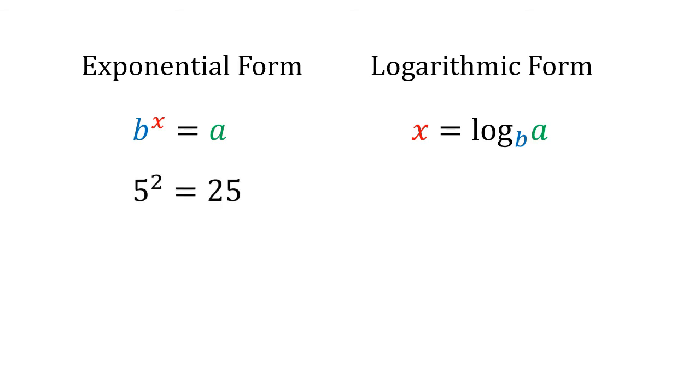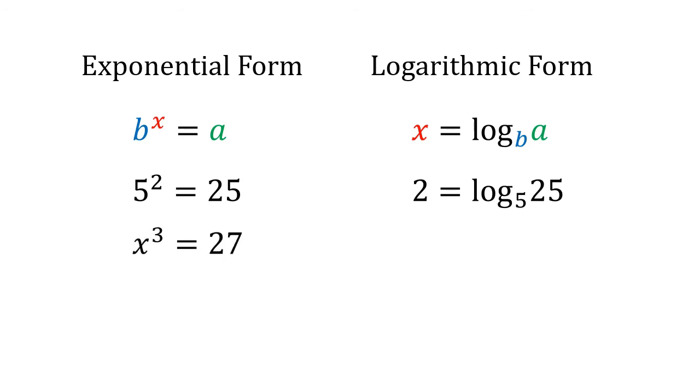Then 5 squared equals 25. So we can express this as 2 equals log 25 base 5. Again, 2 equals log 25 base 5. So 2 is the exponent of 5 to get 25.